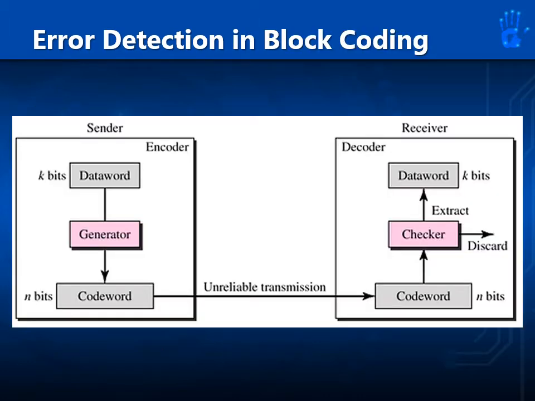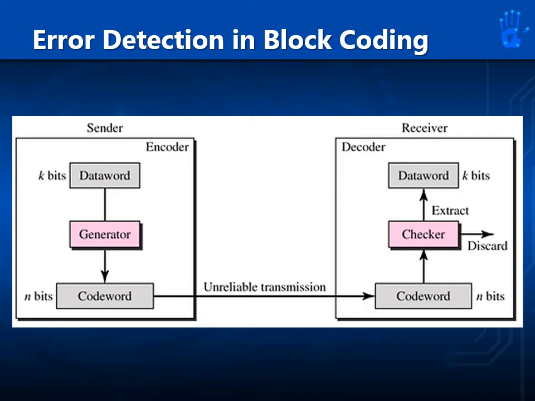Now this is just the same block diagram as before, but we have added k bits for the data word, this is our message. And after it passes through a generator, we have n bits. This is the code word. Code word is where we have added the r number of bits, which are the redundancy bits. And then onto the receiver side, we have again the n bits for the code word. It will pass through a checker.